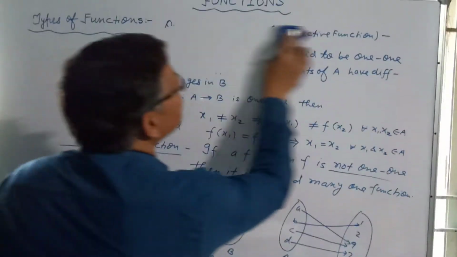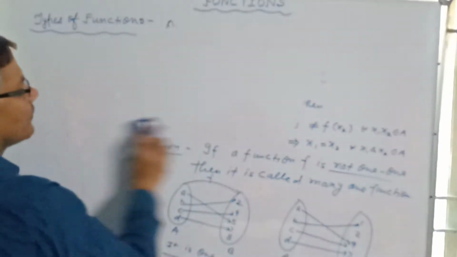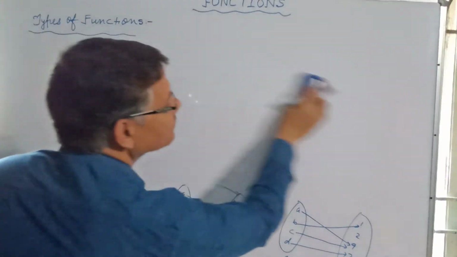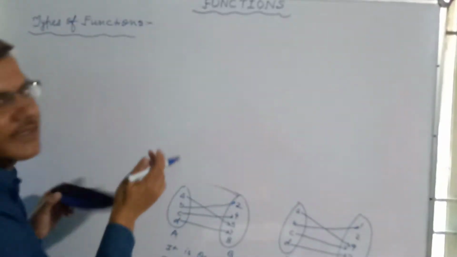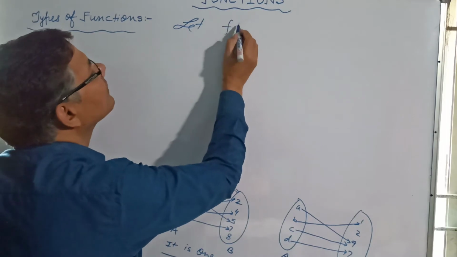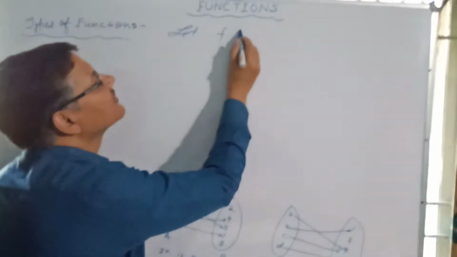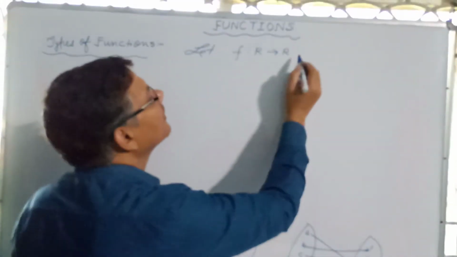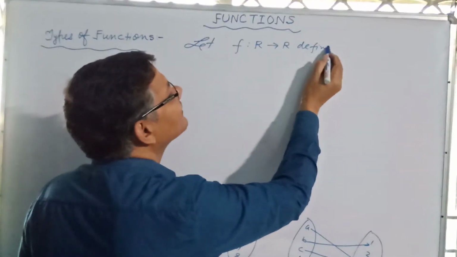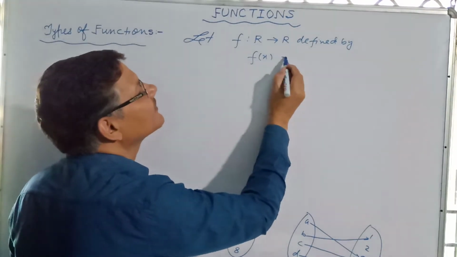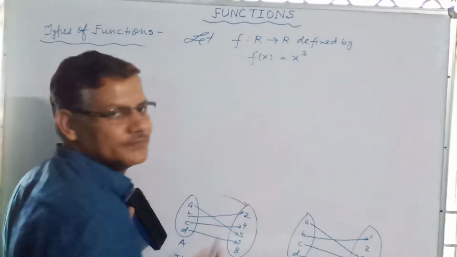So let's take some more examples of one-one. Let f be a function from the set of real numbers to the set of real numbers defined by f(x) = x cube.